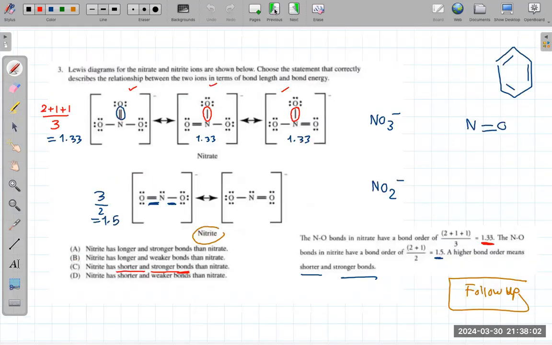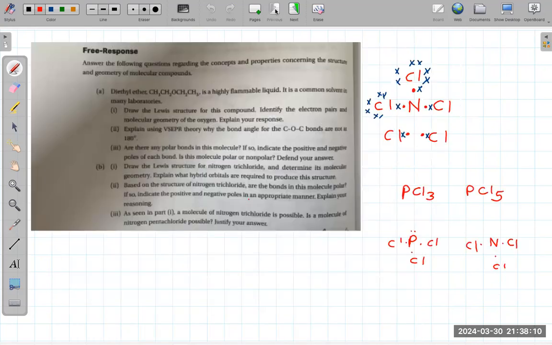فخلينا نعمل numbering. احنا خلاص عرفنا ده, that's okay. You just need to keep it in mind for using the method of finding the bond order. So we can just put it here.